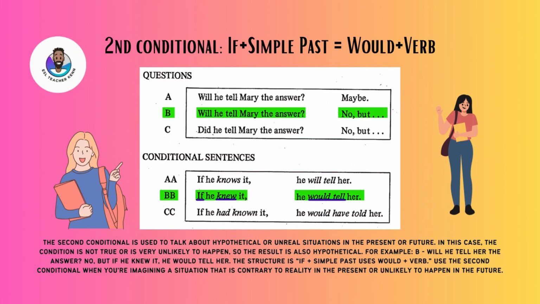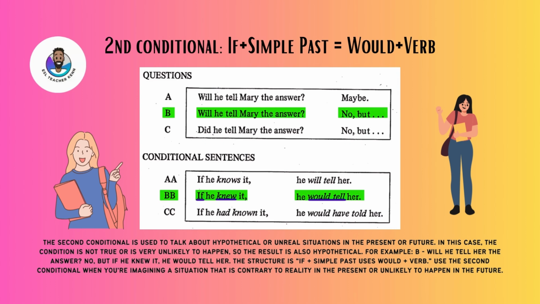The second conditional is used to talk about hypothetical or unreal situations in the present or future. In this case, the condition is not true or is very unlikely to happen. So the result is also hypothetical. For example, B. Will he tell her the answer?